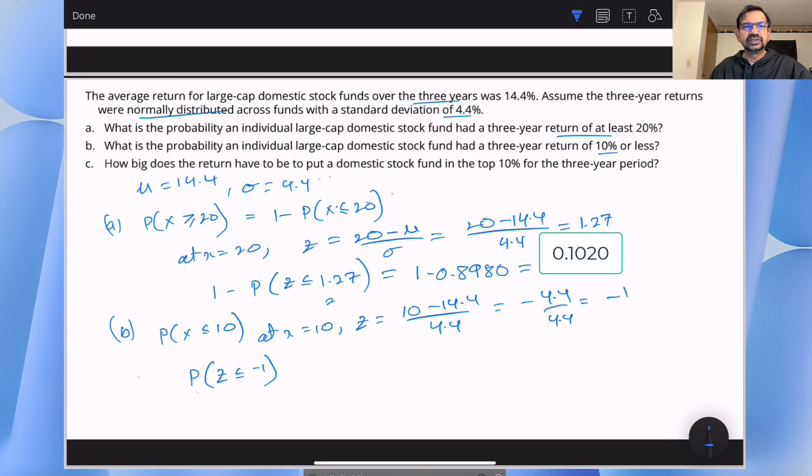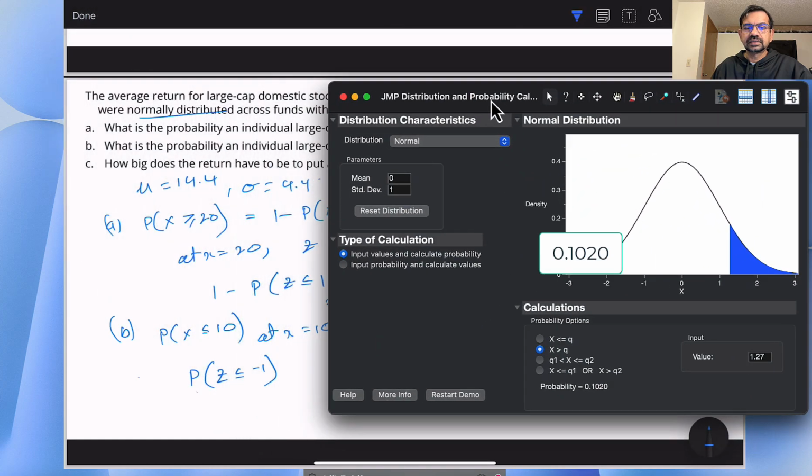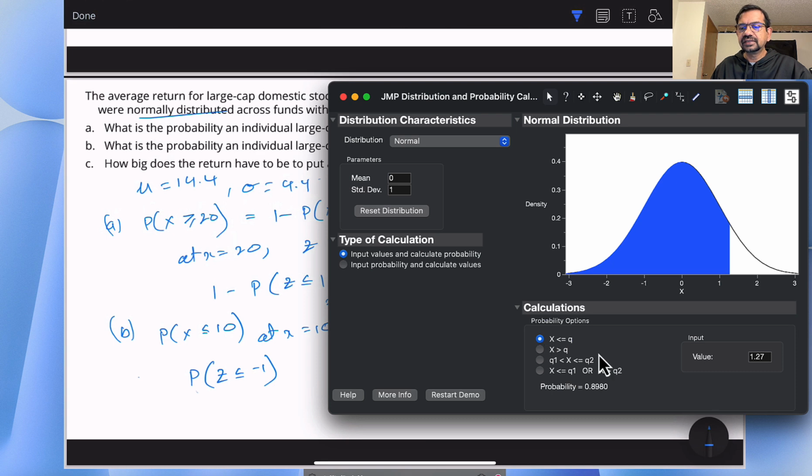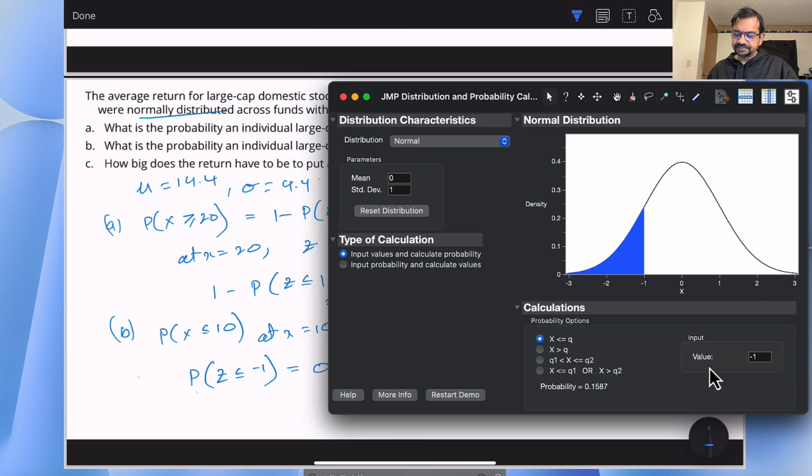We can again look at the JMP calculator. This time we're looking at the left tail, and the value we are considering is negative 1. And we get 0.1587. So the probability that our return is less than 10% is 0.1587.